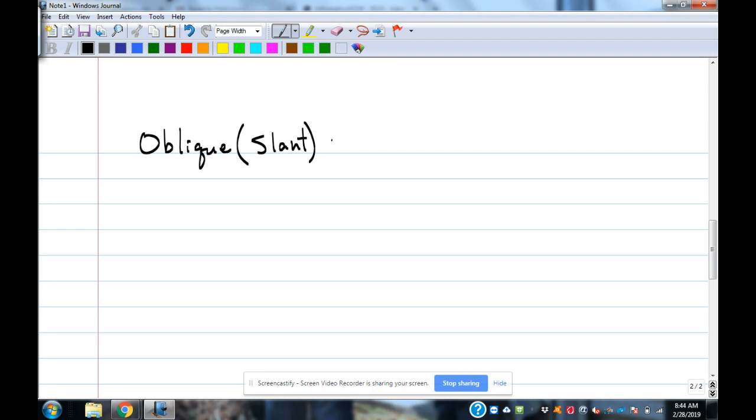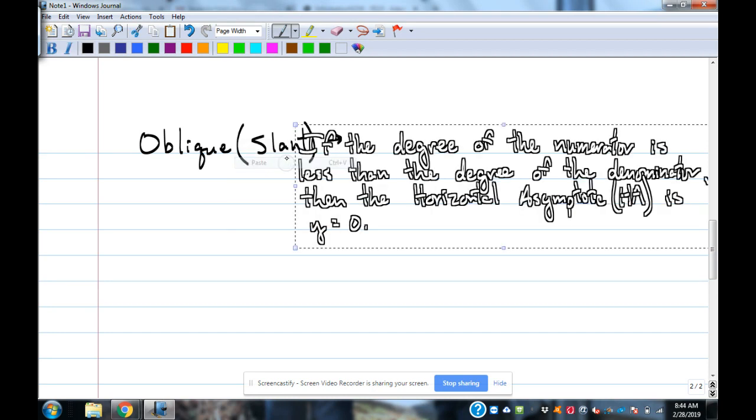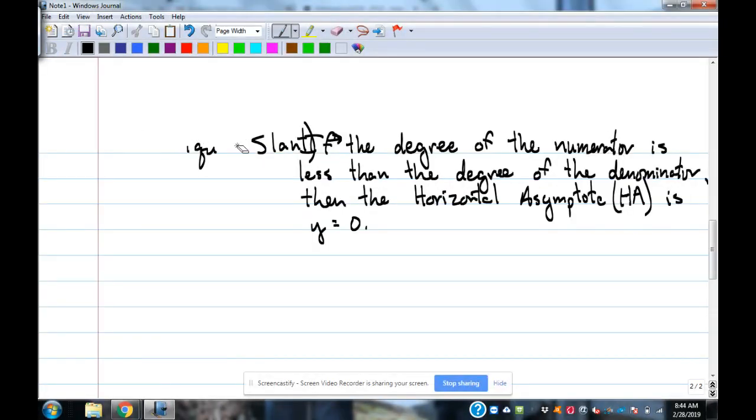Oblique asymptotes, they have a rule for when they show up. Well, we did if the top is smaller, if they're the same. Well, the next one is if the degree of the numerator is 1 more than the degree of the denominator. All right, so obviously need to do this.